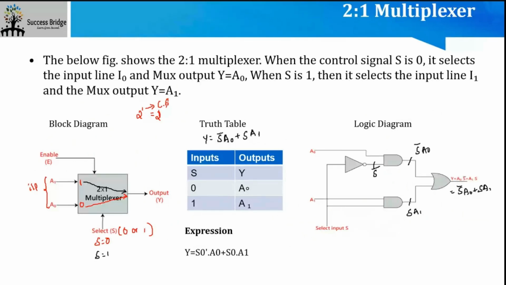Let's see the truth table, block diagram, and internal logic gates. The block diagram of the 2 by 1 multiplexer is something that I had drawn before. This is just a block representation, but actually the mux is something like this.